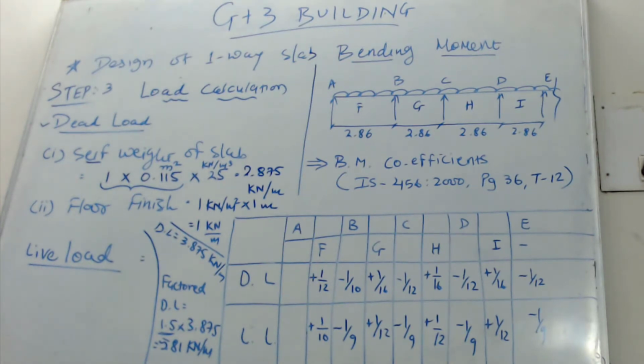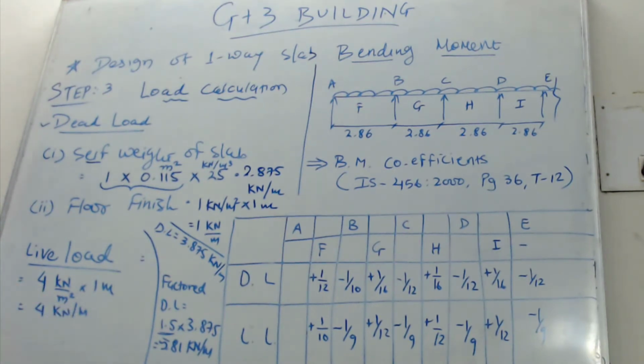Same way, let's go to the live load. In live load, if you read the data, for typical floor, live load is given as 4 kilonewton per meter square. 4 kilonewton per meter square multiplied by 1 meter, which comes out to be 4 kilonewton per meter.